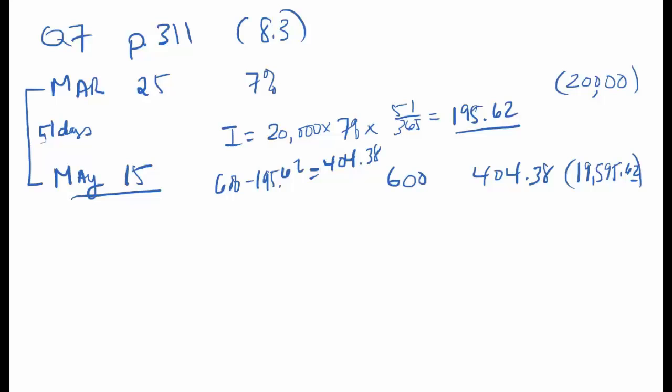I can only reduce it by that because I need to pay my interest first. The interest is $195.62. I know I'm making a payment of $600, but I pay my interest first, so I can only reduce $20,000 by $404.38, and that's how we proceed. So let's continue with that.